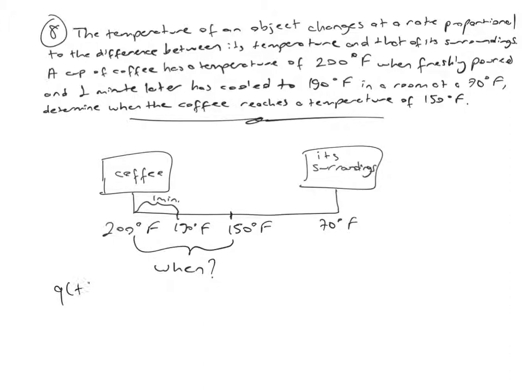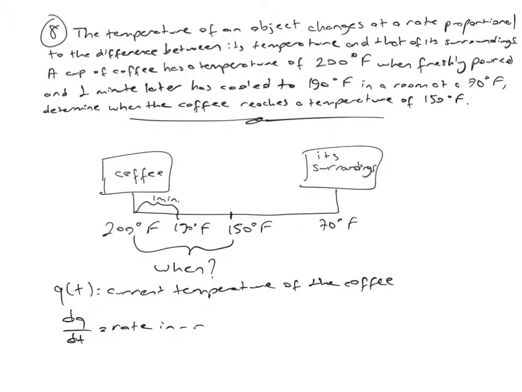Q of T is the current temperature of the coffee. General form of our differential equation is dQ over dt is equal to rate in minus rate out.